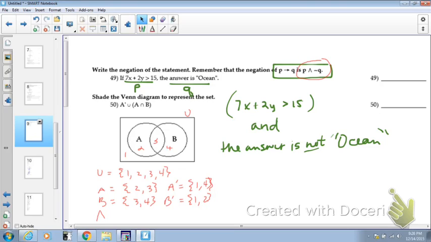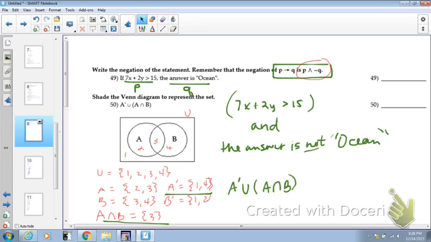And then I also need to know what the intersection of A and B is. That's just the points that they have in common. So set A and set B have a 3 in common. And then I'm ready to put everything together. So that's A prime union A intersect B. So that's this and this.